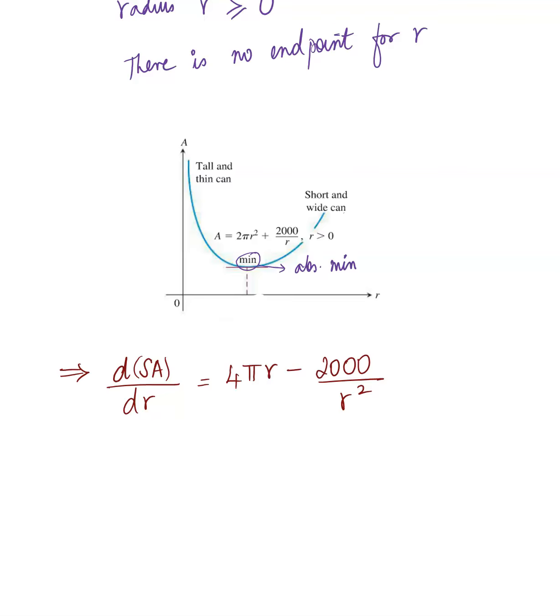I'm going to quickly rewrite this as 2 pi r squared plus 2000 r to the power negative 1. So that is how you get this. Now I set this equal to 0 to find the critical points. So take the LCD here. That's going to be pi r cubed.